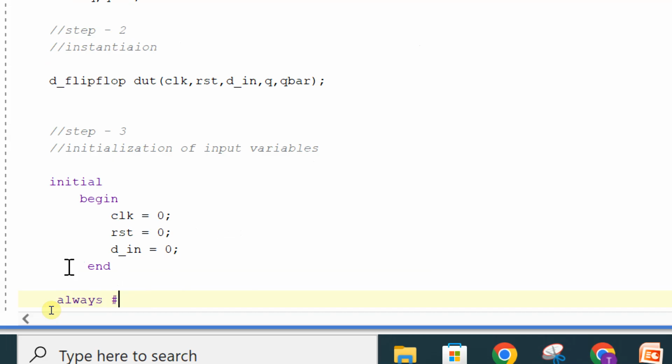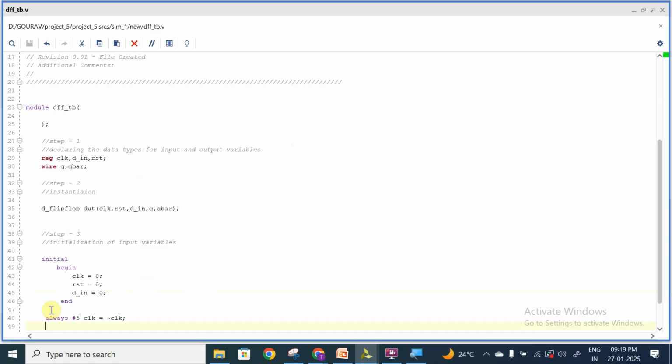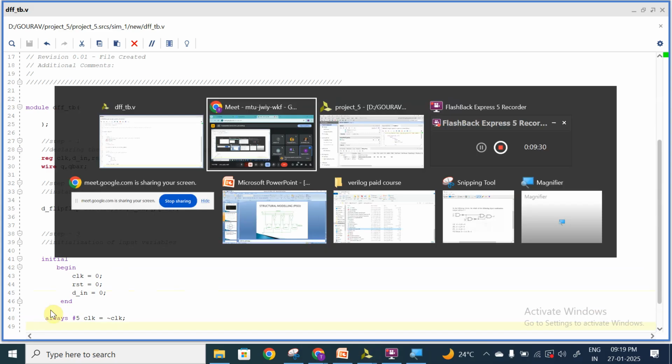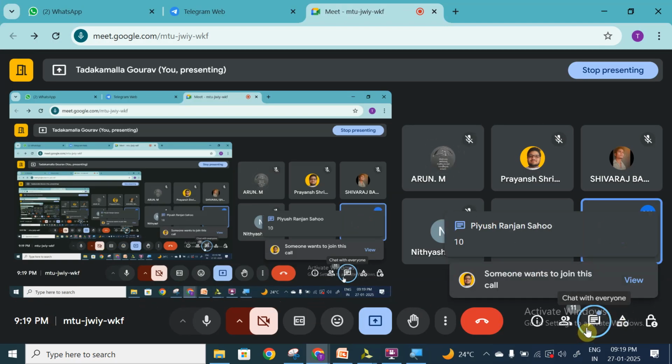And always #5 clock is equal to not of clock. So what is the time period here? Can anyone answer? What may be the time period of this clock? Always #5, so 10.